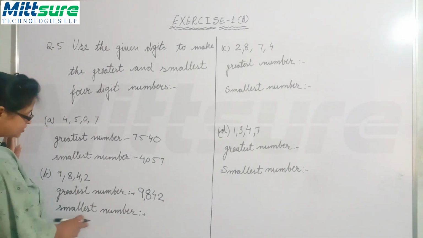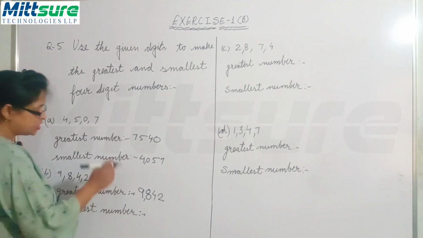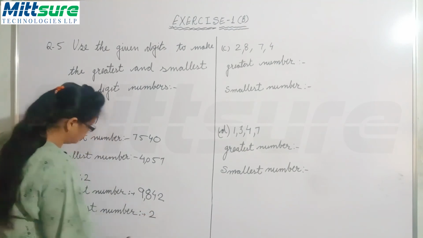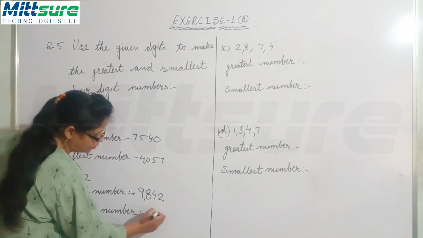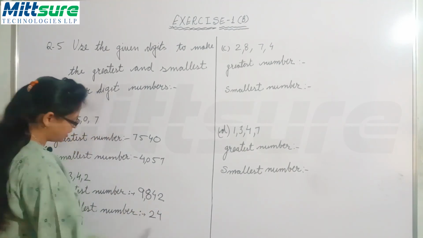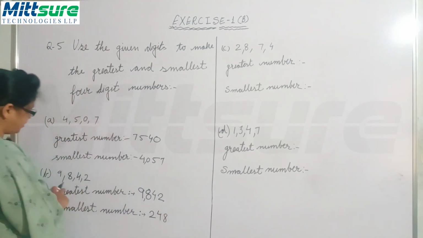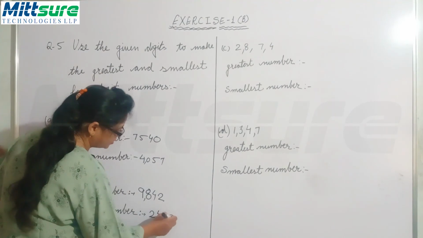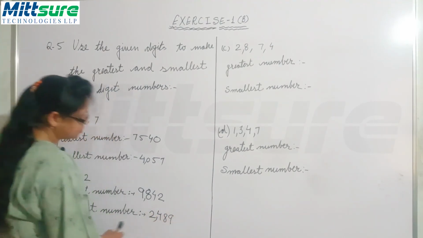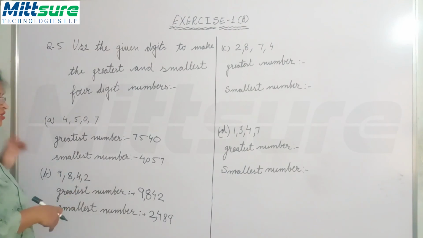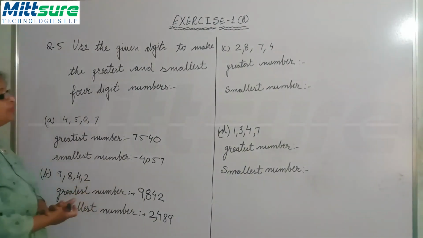For the smallest number, we have to arrange the digits in ascending order. First the smallest is 2, greater than 2 is 4, greater than 4 is 8, and greater than 8 is 9. So the smallest number is 2489, and 9842 is the greatest number.